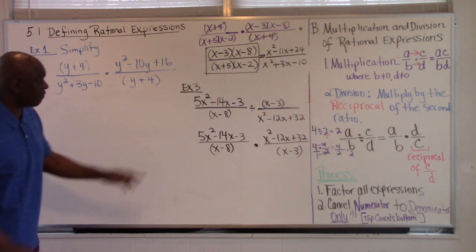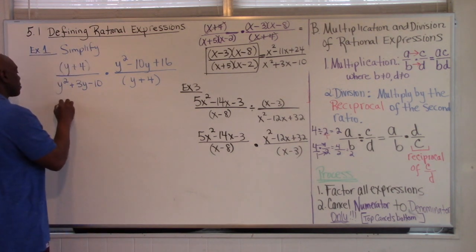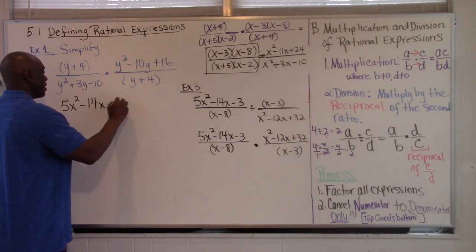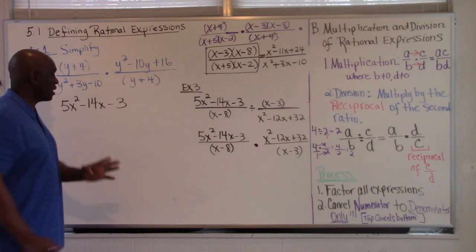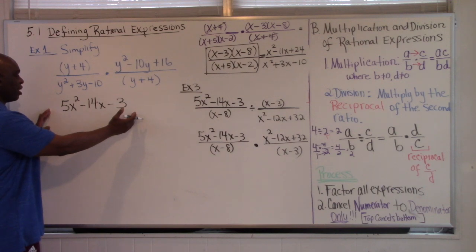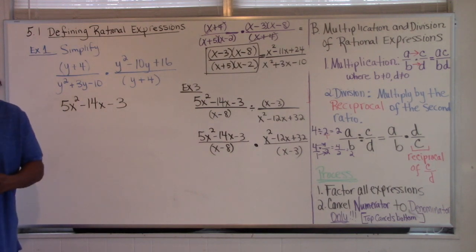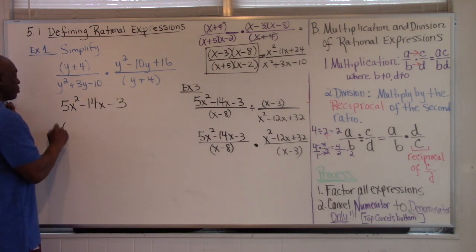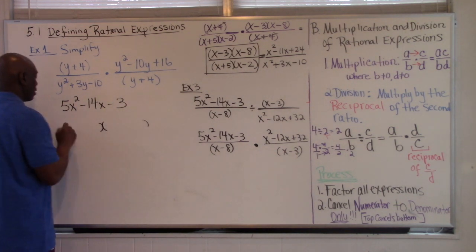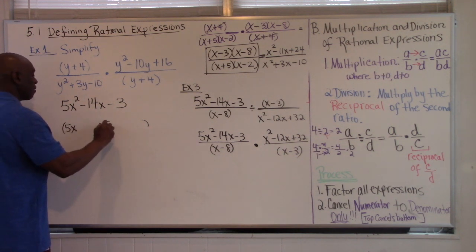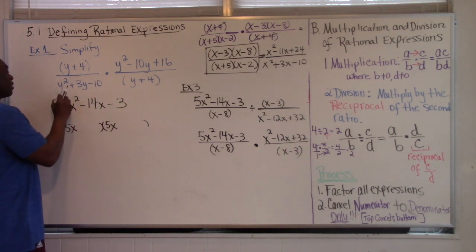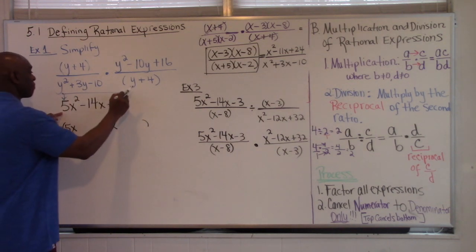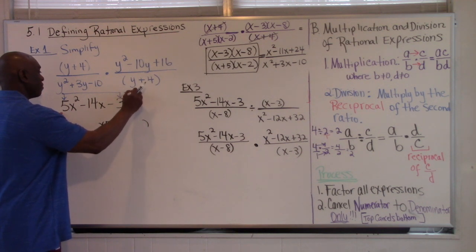How are we going to factor 5x squared minus 14x minus 3? Recall what we said when we factor these kinds of expressions. The first thing you need to do is write two binomials, 5x, and multiply 5 times negative 3. 5 times negative 3 equals negative 15.